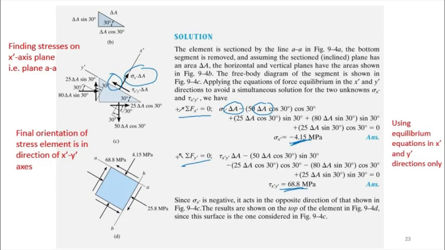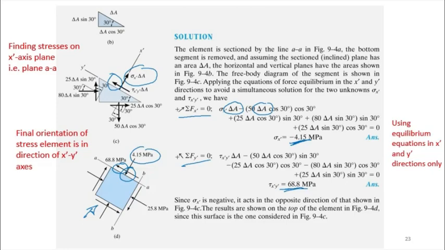So 68 megapascal is positive, upwards on the right hand plane, while the normal stress is compressive, so it's compressive here. Okay, and then we have complementary on the bottom surface. So these are complementary stresses. So we have found the first two stresses on surface AA.